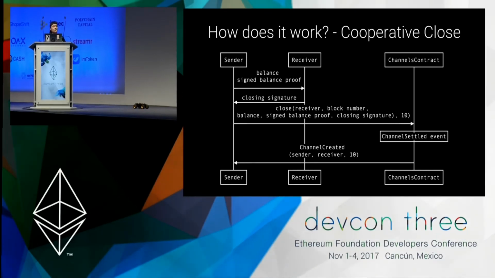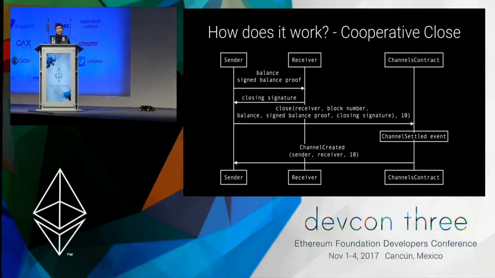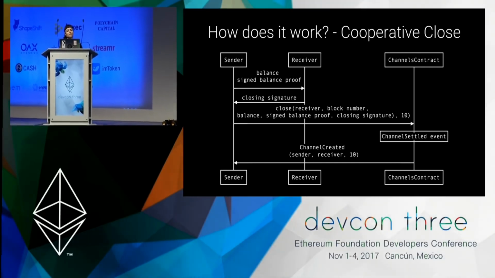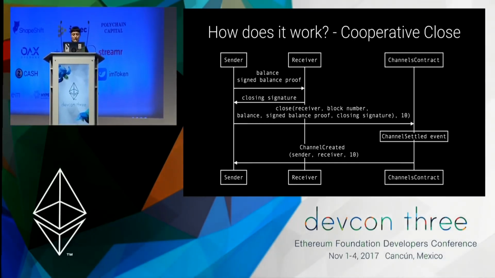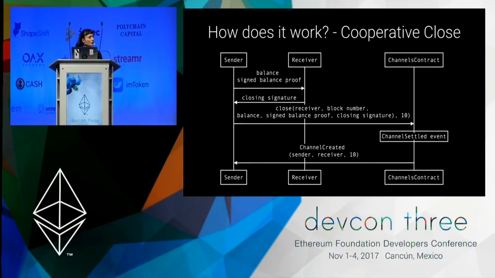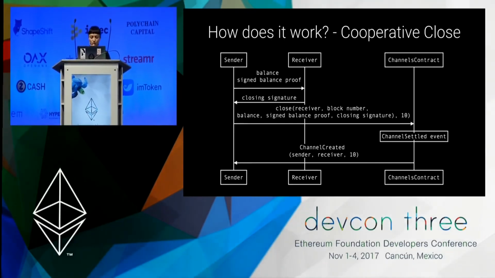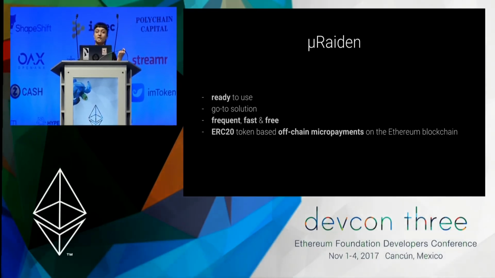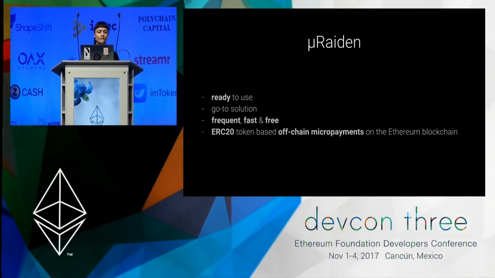And we can find ourselves in 3 states. One is a cooperative close, which is the best case scenario when the sender queries the receiver for a closing signature and then closes the channel himself by providing his balance signature and the receiver's closing signature. And everything is well and good. If anything goes wrong, we have a challenge period where the channel can be closed by the receiver by providing that last balance proof saved.